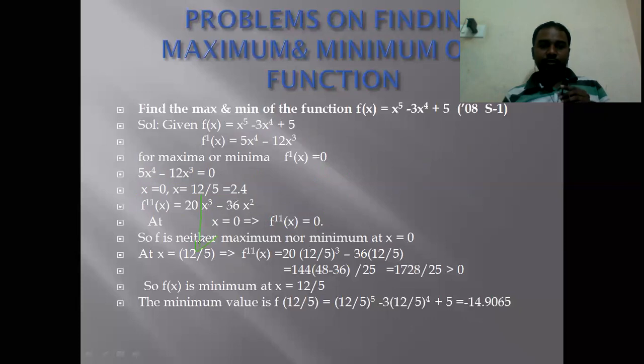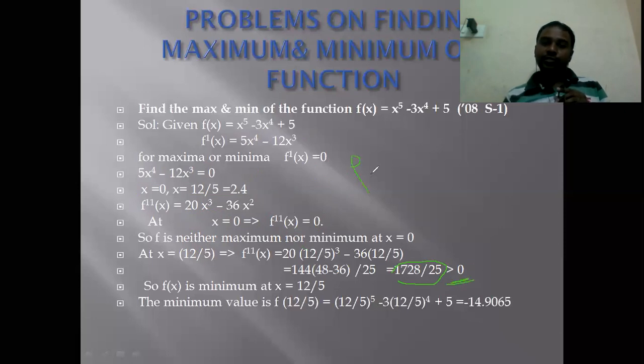So 12 by 5, substitute in the second order derivative. So like this, 20 into 12 by 5 cube minus 36 into 12 by 5 square. After simplifying this, we will get 1728 divided by 25, it will be greater than 0.